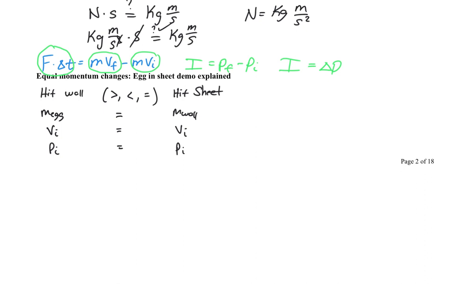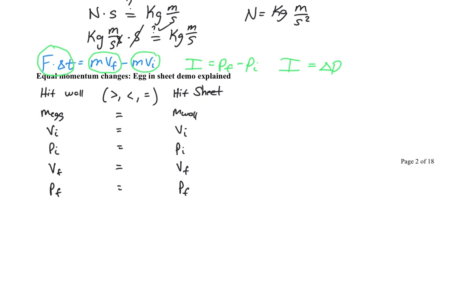Well, now let's consider the final velocity. What is the final velocity that each one reaches? Well, eventually each one comes to rest. They each reach a final velocity of 0. So in this case, each of their final velocities are the same, and they are in fact 0. So that tells us that their final momentum also has to be equal.